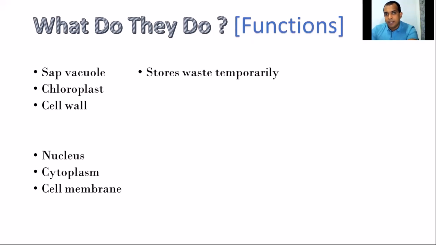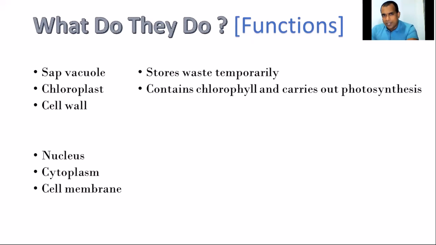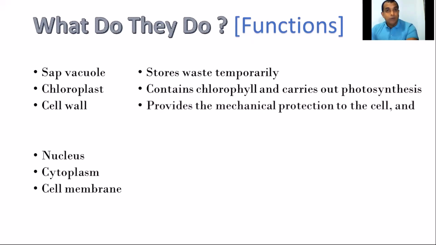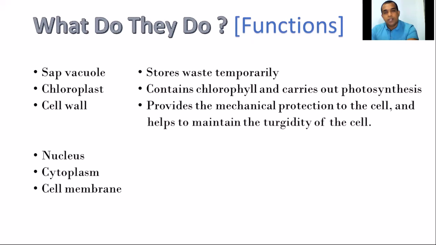So the cell can put that waste into the vacuole until it gets rid of it in future. And chloroplasts contain chlorophyll and can carry out photosynthesis. What would the cell wall do? It provides mechanical protection to the cell and helps to maintain the turgidity of the cell.